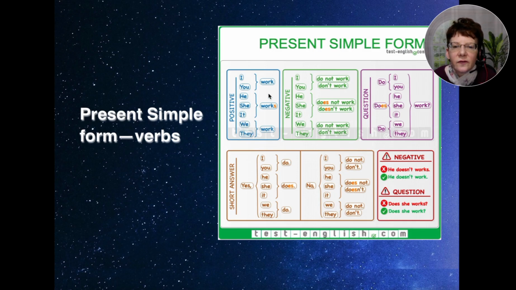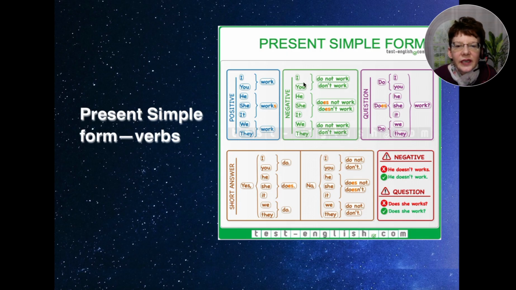Okay, and then the verb here is the regular form, I or you work. That's for first or second person. He, she, or it, it's third person. We always add an S to most verbs, works. And then for plural, we or they, we don't add an S, it's just work.